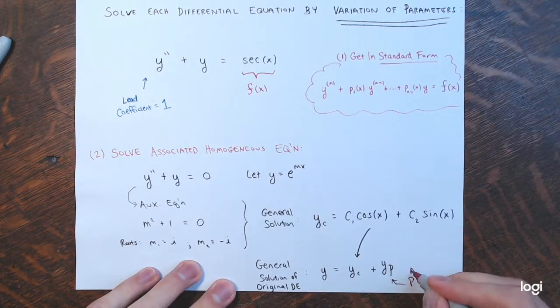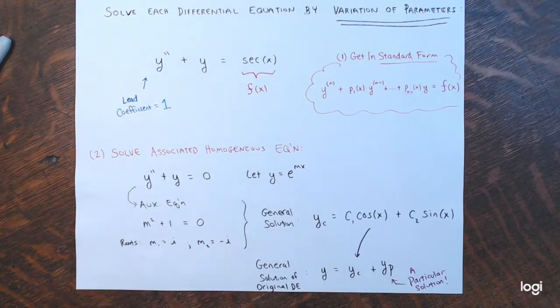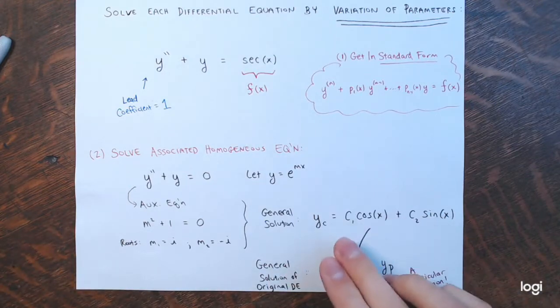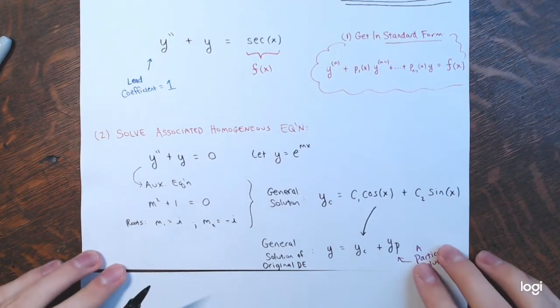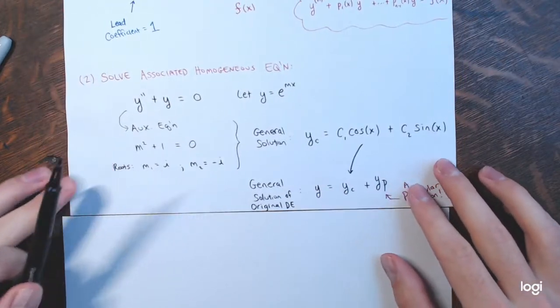This is a particular solution, a specific solution to the differential equation. So I have the complementary function, right, the solution of the corresponding homogeneous. The next goal then is going to be to find a particular solution to the non-homogeneous differential equation. All right, and this is where the variation of parameters comes in.